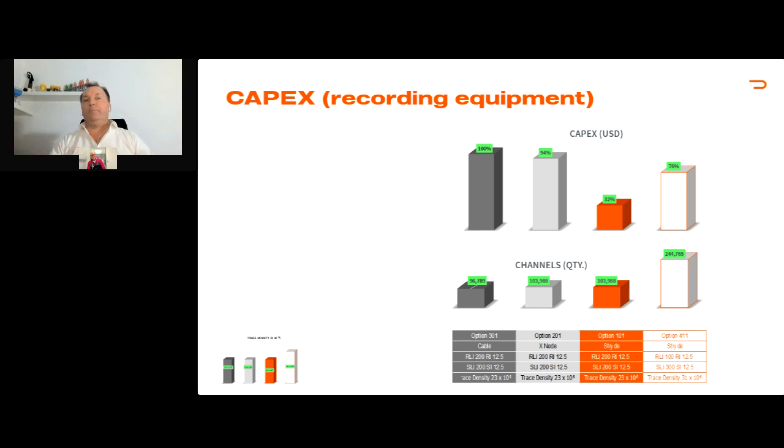This slide on CapEx, thank you, Claudio, for reminding us about that. The seismic contractor would purchase this equipment and utilize them for multiple years, at least 5 years, as usual in seismic onshore. And to purchase this amount of channels, about 100,000 channels for the 3 first scenarios, cable, generic node, and stride node, same density, a cable scenario would cost 100%.